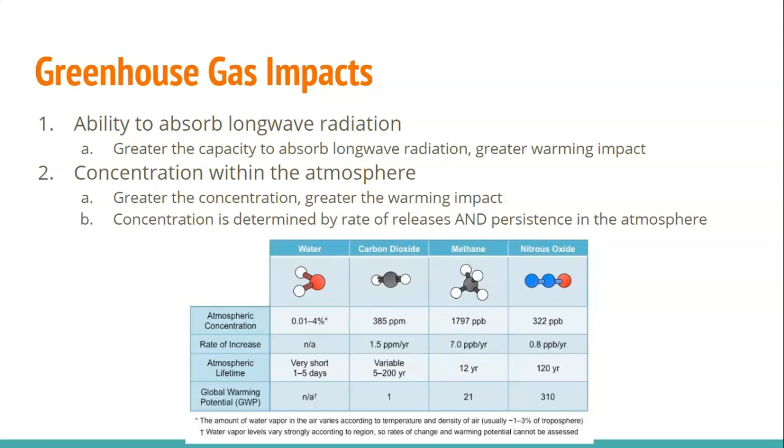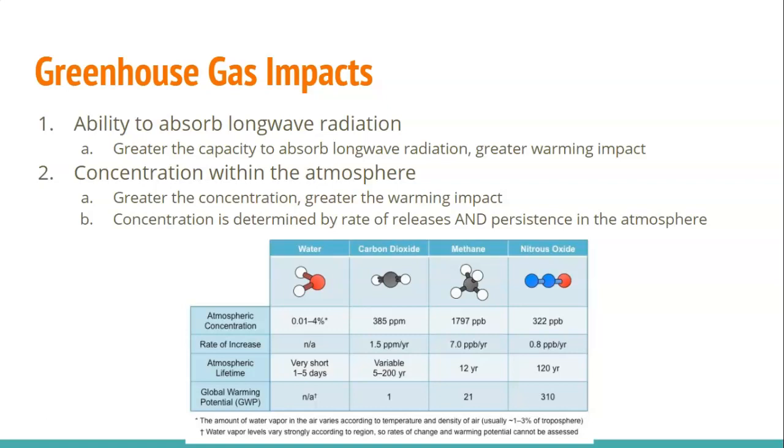The concentration of a gas in the atmosphere is determined by two things, and they work together. It's determined by both at the same time: the rate of release, so how quickly it's released from the earth into the atmosphere, and how long it persists in the atmosphere. So, for example, methane. We talked about this last time.